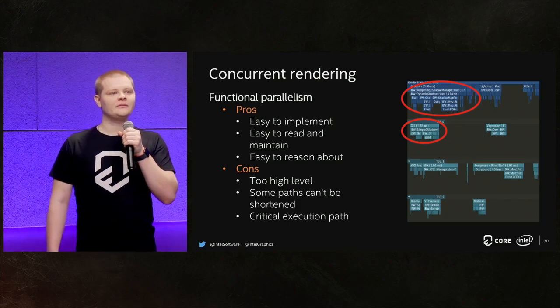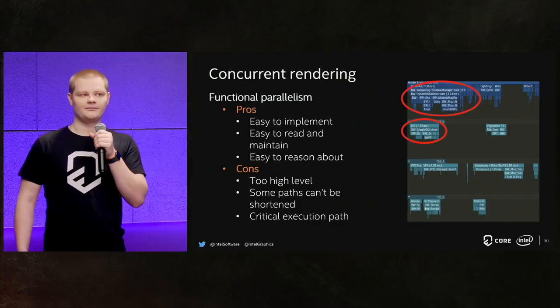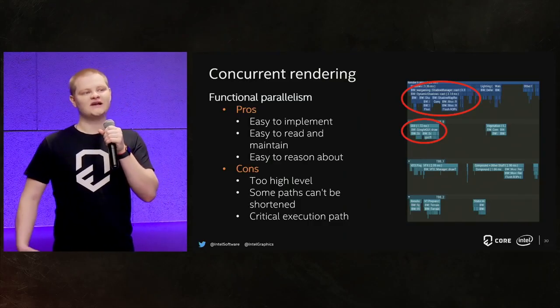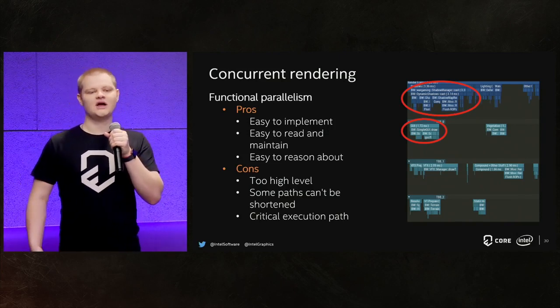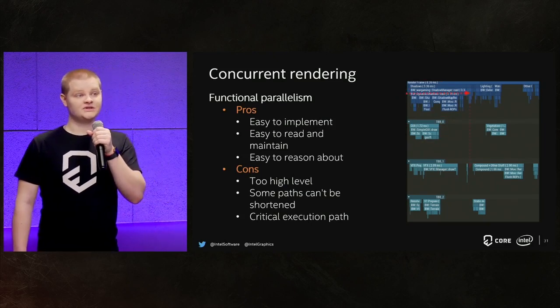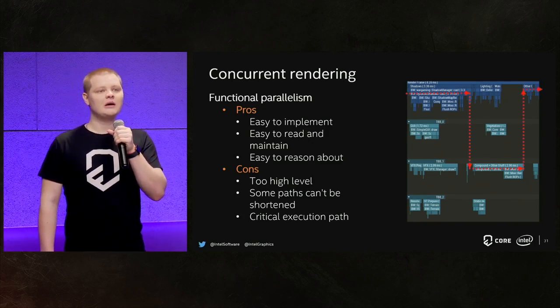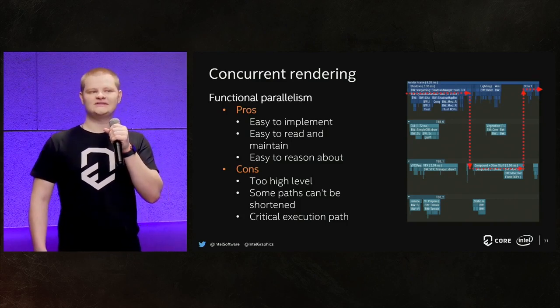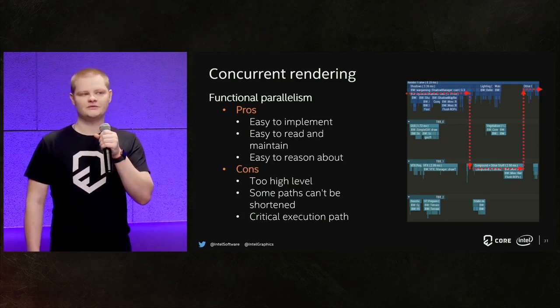Unfortunately, a high-level frame render graph requires us to reason about big chunks of work, which is not always optimal, just because not all tasks have the same size or execution time, or not all tasks may be executed in parallel because some of them may depend on each other. So this approach quickly leads to a critical execution path. You may think about minimizing the number of dependencies between tasks, which is good by the way, or subdividing tasks into smaller ones, which may significantly reduce the readability of the code.